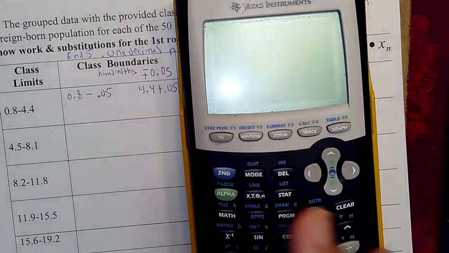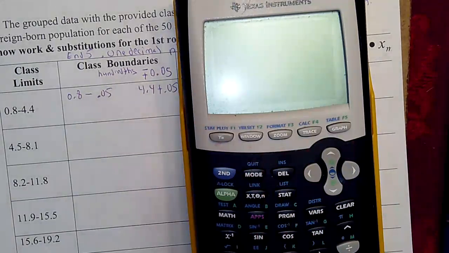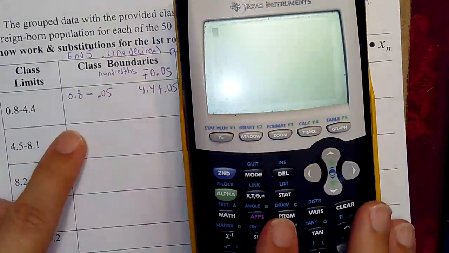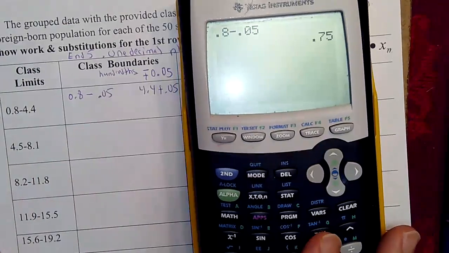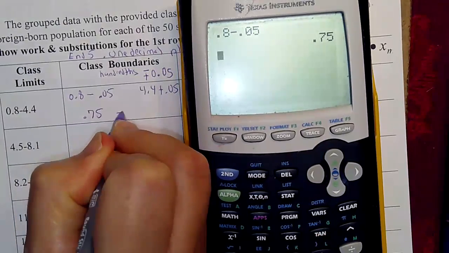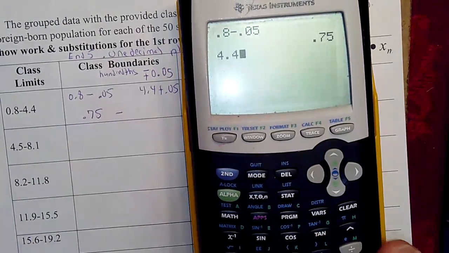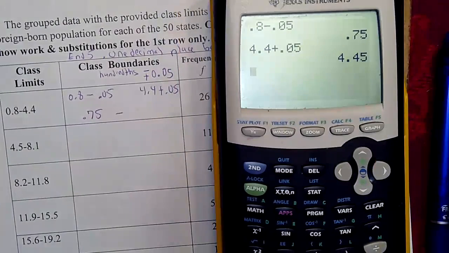When you don't have the tables, clear works too. So I usually use clear or second quit. Here I have 0.8 take away 0.05, and that gives you 0.75. Then 4.4 plus 0.05 gives you 4.45.